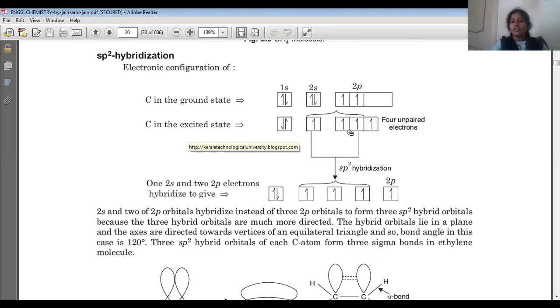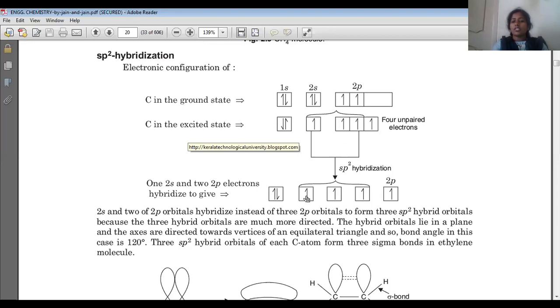Here we mix only one s orbital and two p orbitals, px and py, and the pz orbital remains unhybridized. We are not using this pz orbital here. Hence it is called sp2 hybridization. One s orbital and two p orbitals get intermixed.